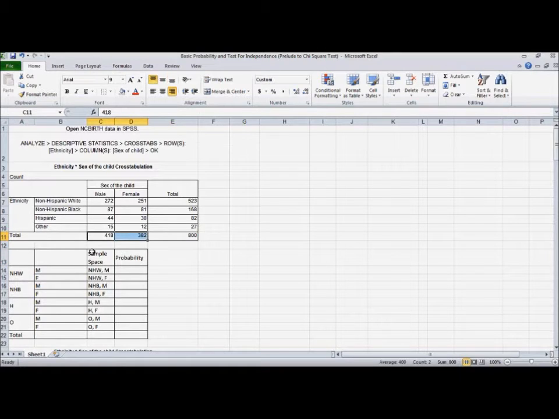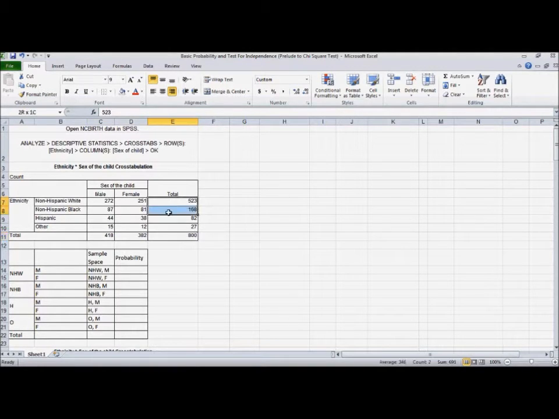We see our marginal totals representing, in this case, the total count for male children, the total count for female children, which should add up to our sample size or grand total.